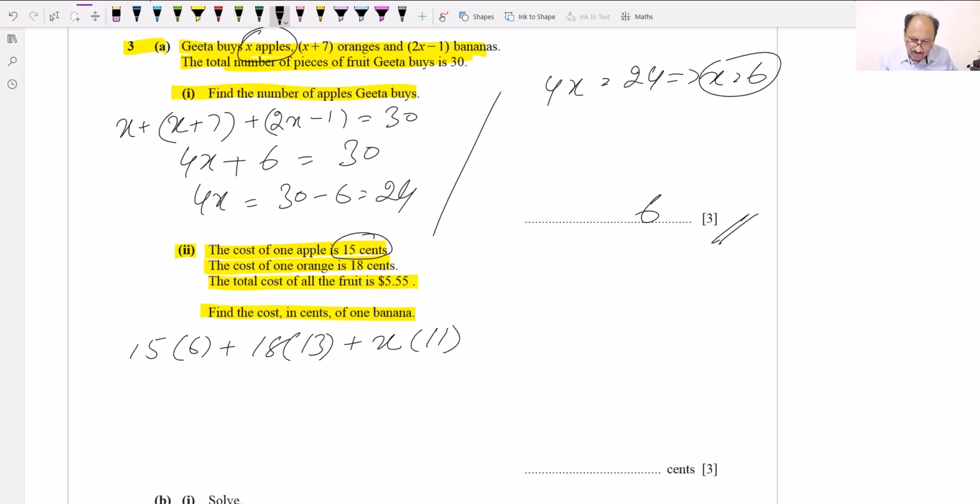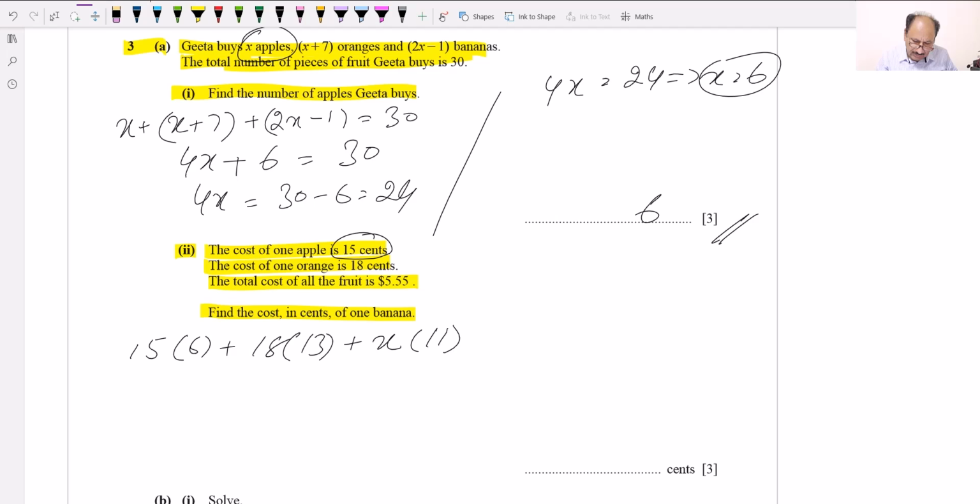How did we get 11? So 2x minus 1, if we replace 2 into 6 minus 1, this will be resulting to 11.